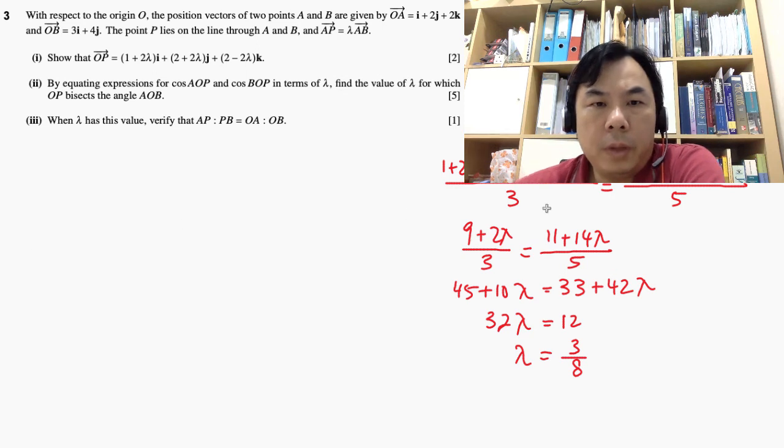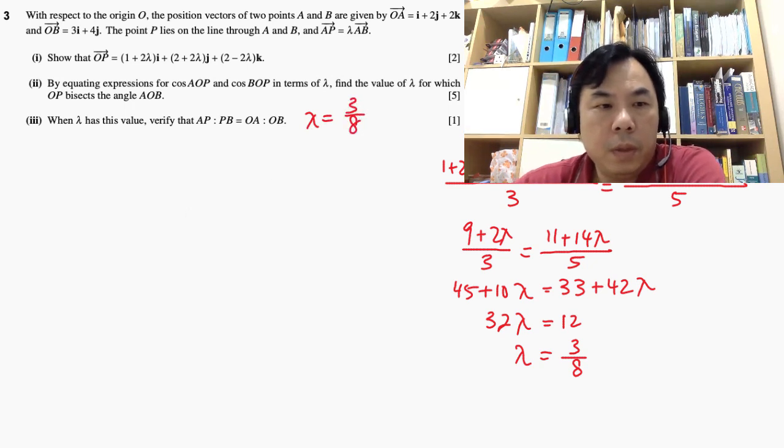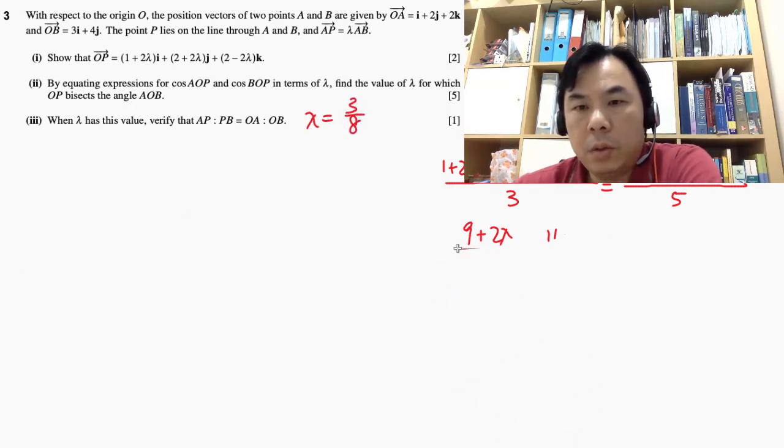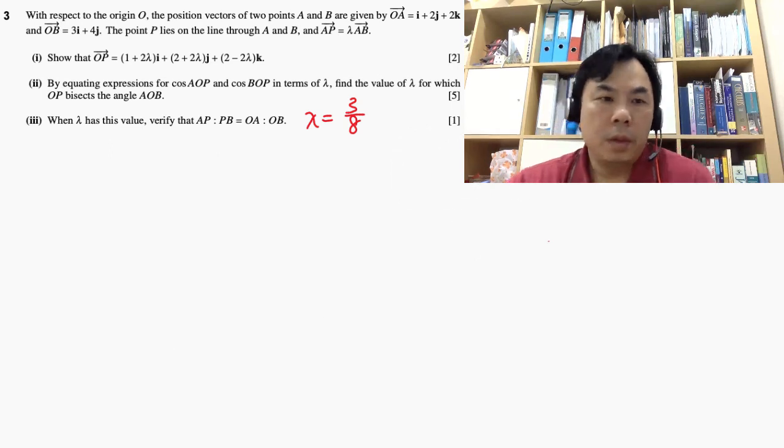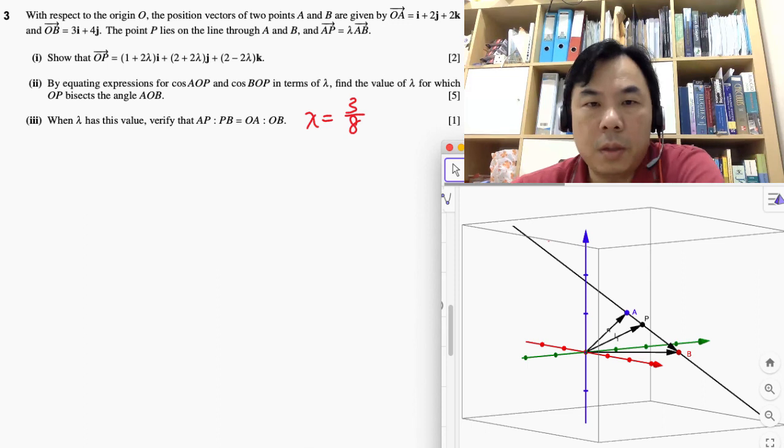All right, I'm going to move on to the next one shortly. The last section: since we have already found out the lambda, which is 3 over 8, now I'm going to write down here that lambda is equal to 3 over 8. Okay, now I'm going to clear all this. I'm going to show you the diagram again so that you can better understand this.